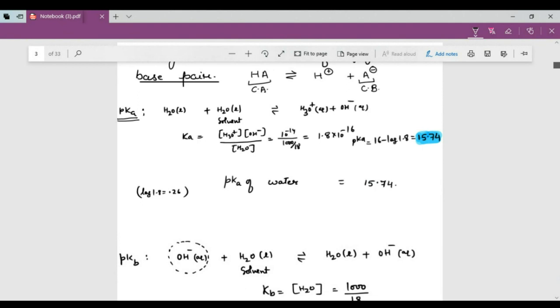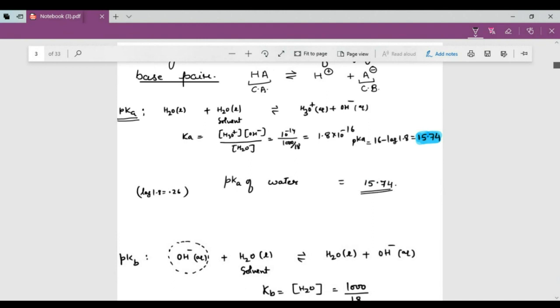Water as a liquid will act as a proton donor. This is the solvent, forming H3O plus and OH minus. Now, as this water molecule is acting as a solvent, its concentration will be taken as constant. Ka of water can then be written as H3O plus concentration multiplied by OH minus concentration upon the concentration of water. Solving this, we come to the pKa of water.